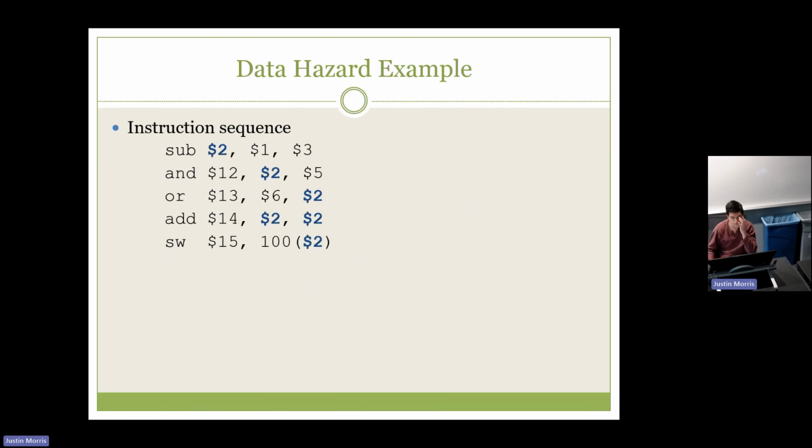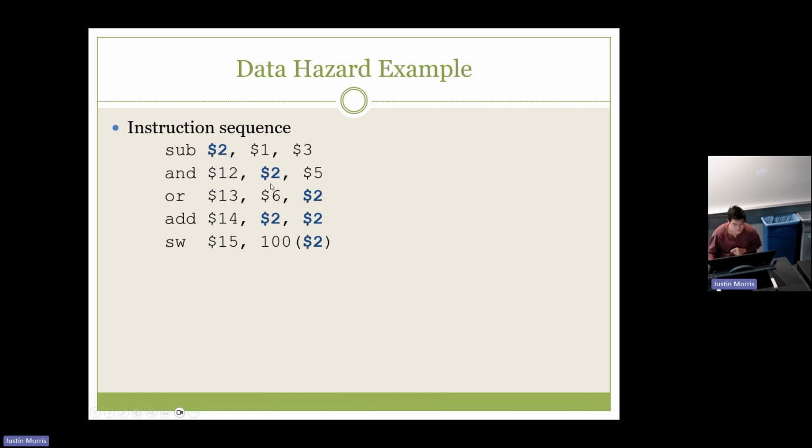So here is our data hazard example. And in this MIPS code, we're highlighting the dependencies. So from this sub to this and, what kind of dependency is it? Well, read after write, yep. What about between this sub and this or?